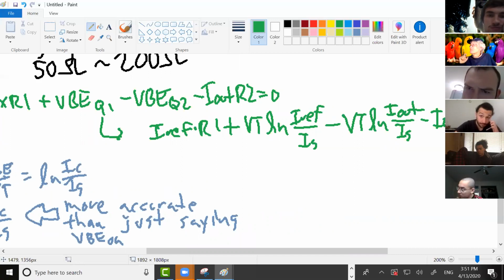Do you remember last week, last Friday, when I mentioned having saturation current in your equation? Do you like that? No, we don't like IS. So if you can get rid of the saturation current from your equation, it's good. Do you see any way to get rid of saturation current in this equation?